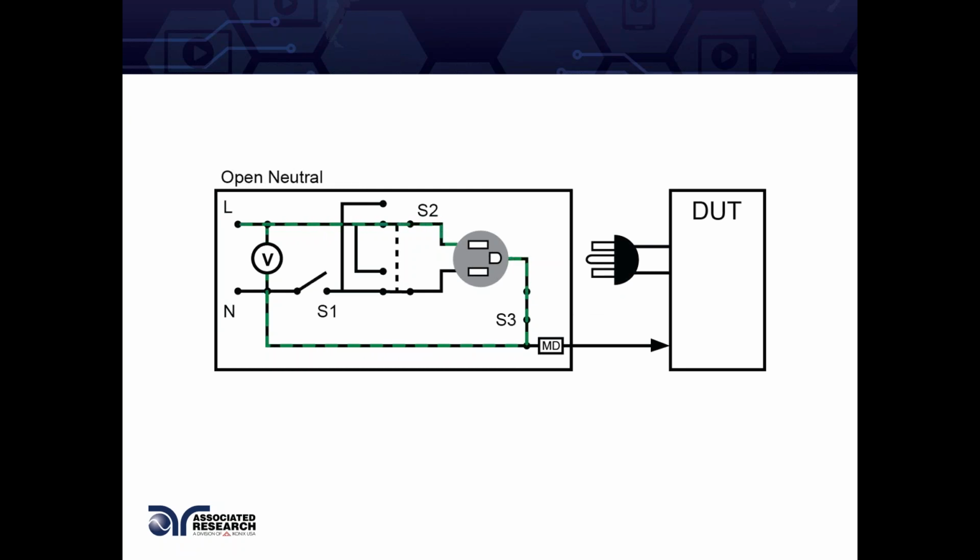Switch S1 simulates an open neutral condition. As you can see, when I move from a normal condition to an open neutral condition, S1 opens, and this simulates leakage current measurement during an open neutral fault condition. This is one of the single fault conditions. What's important to note here is the location of the MD circuit.